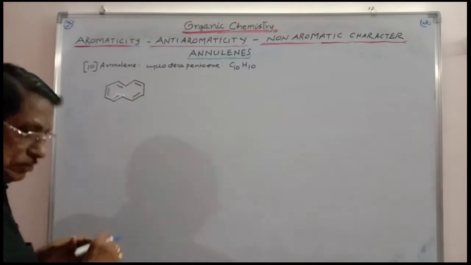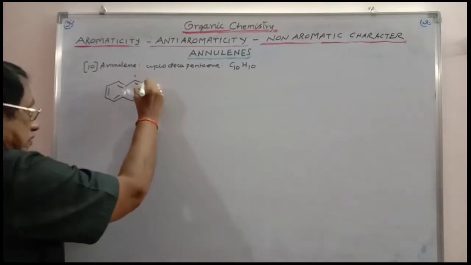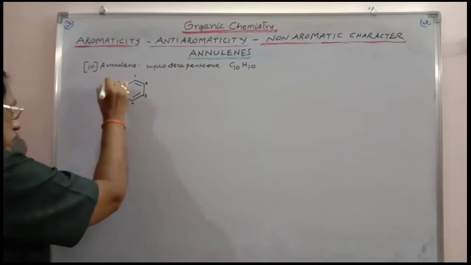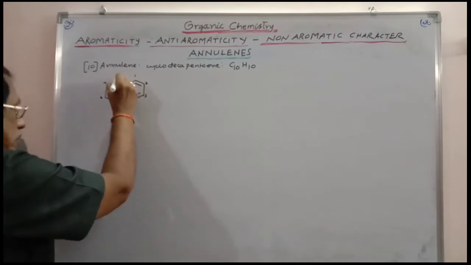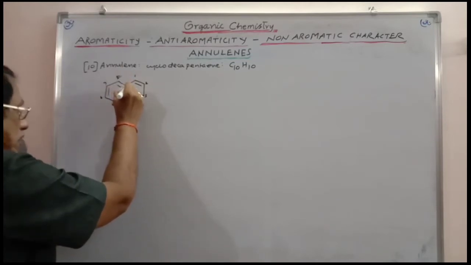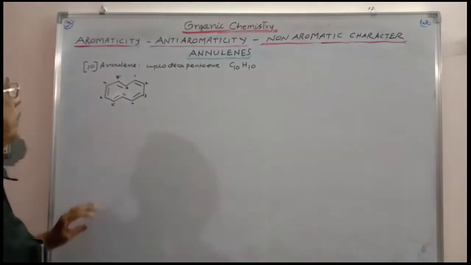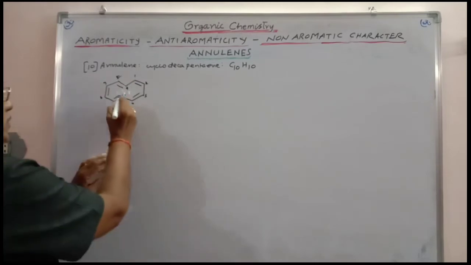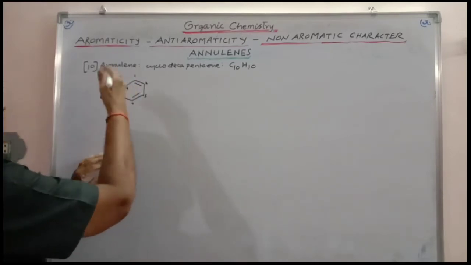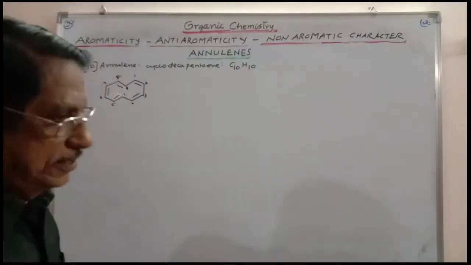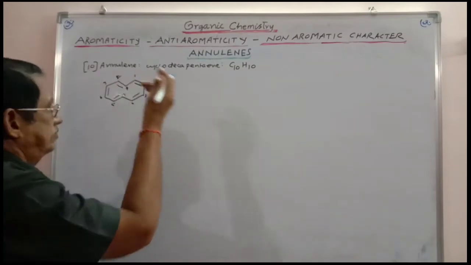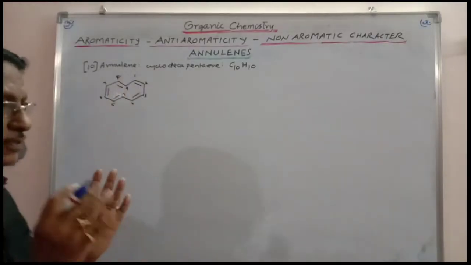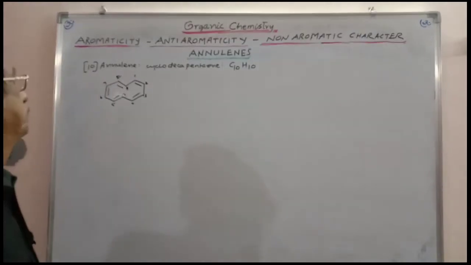You have to give the numbering like this: 1, 2, 3, 4, 5, 6, 7, 8. This is 9, this is 10. This is the numbering for cyclodecapentaene for this type of structure. 9, 10 positions are particular positions here in this case.